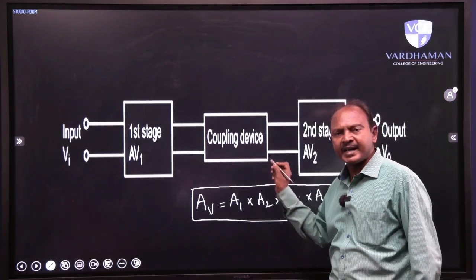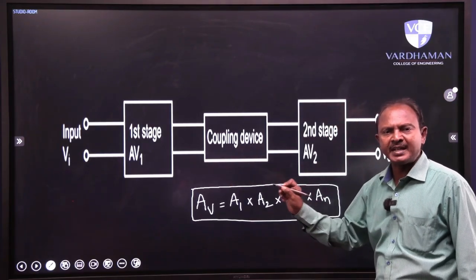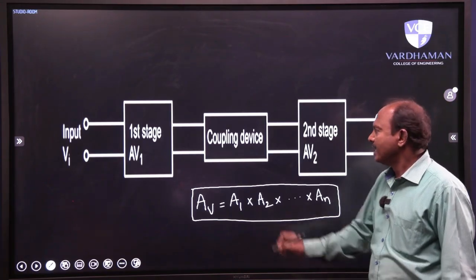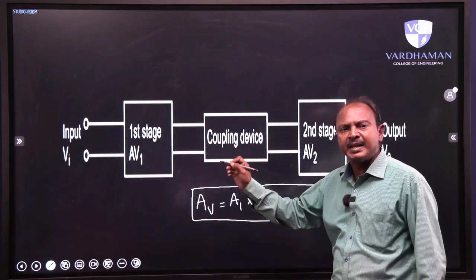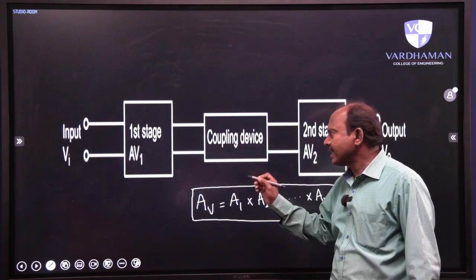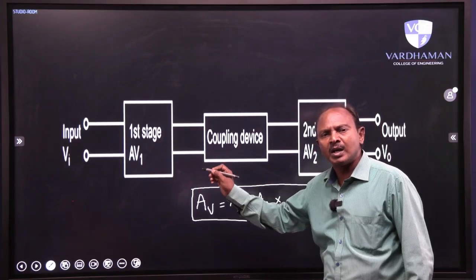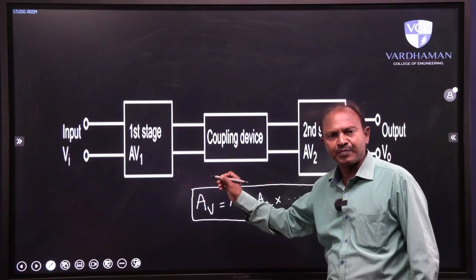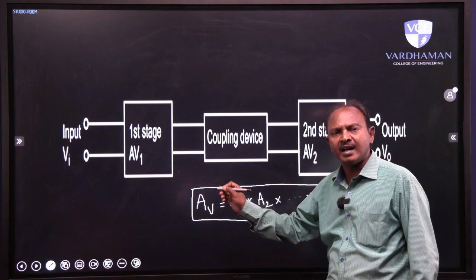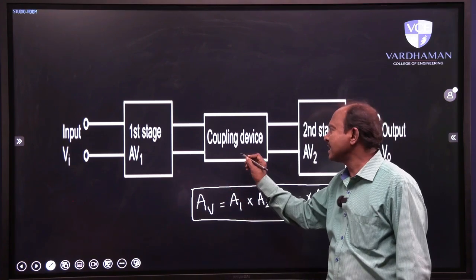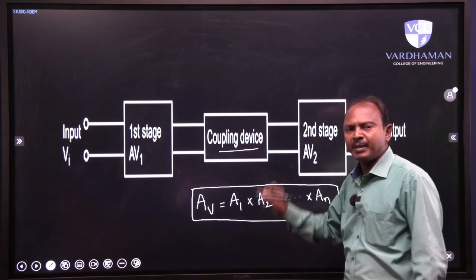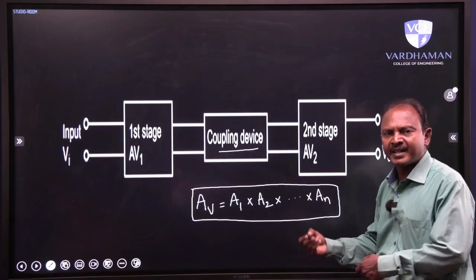If you look at this block diagram of a multi-stage amplifier carefully, in order to construct a multi-stage amplifier, I said two or more individual stages are cascaded or connected in series by means of a coupling device. By means of a coupling device, they are interconnected.